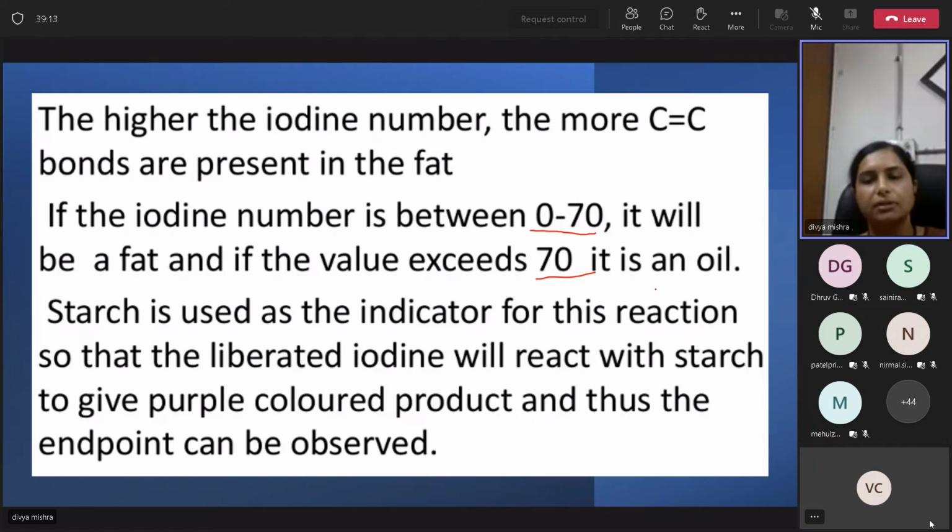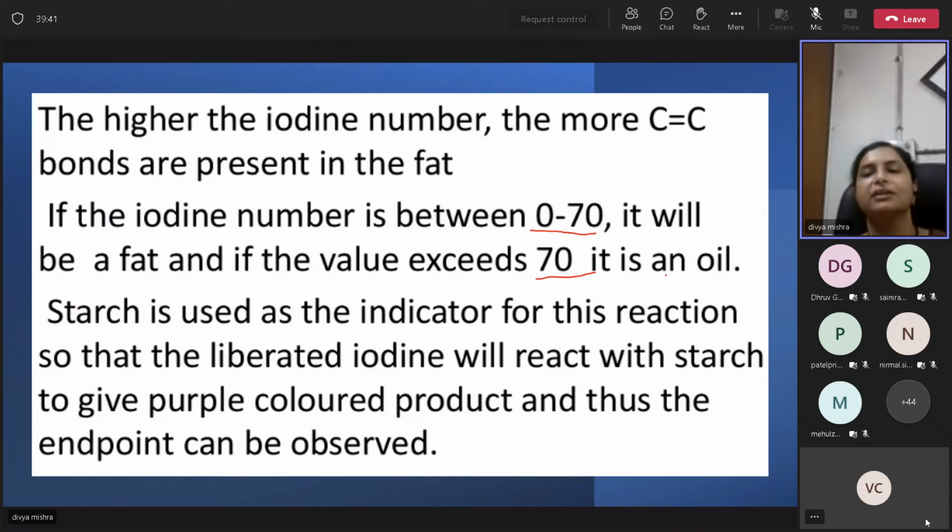Why am I saying this? Suppose food safety officers are taking a drive for food samples. Someone, say a sweet shop owner, can claim that he is using fat, that he is making it in butter. But if they check and the iodine value exceeds 70, the officers will find that he is claiming falsely.